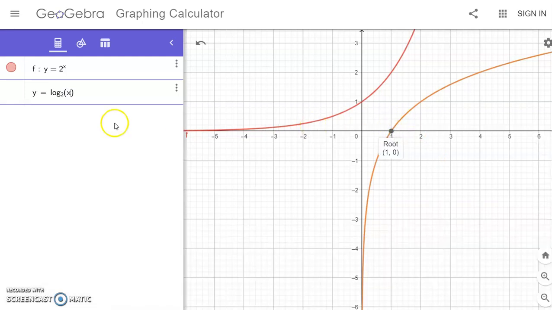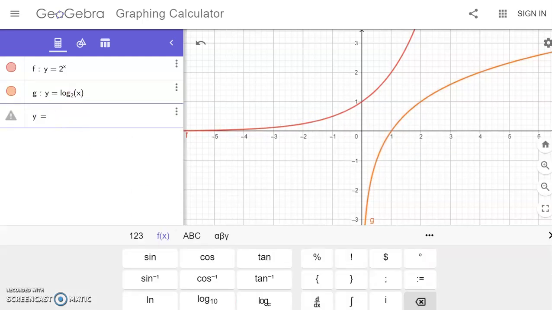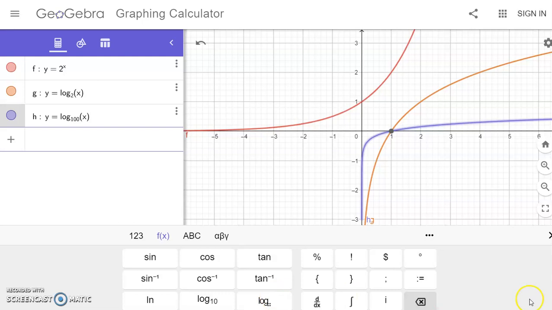So all of these logarithmic functions, like let's say we did log base 100 of x, no matter what it looks like, even though this one's kind of funky, they're all going to cross through 1 in the exact same way. Here's the inverse of it right there.